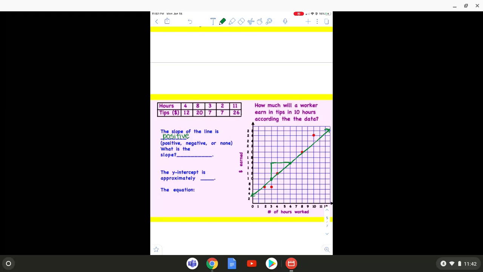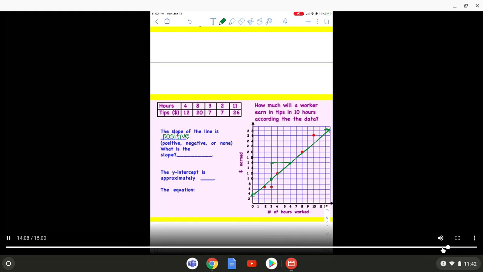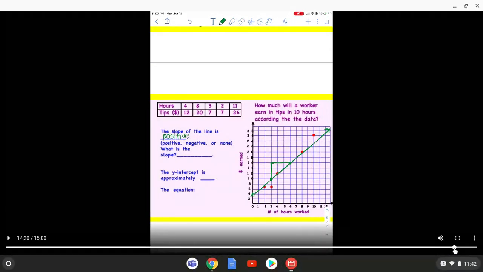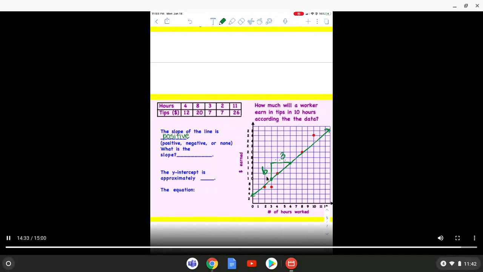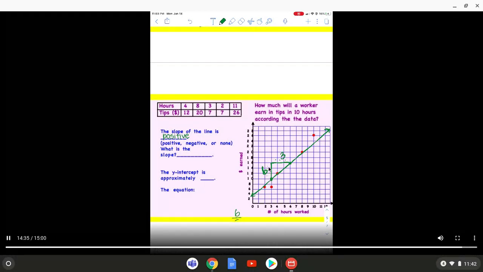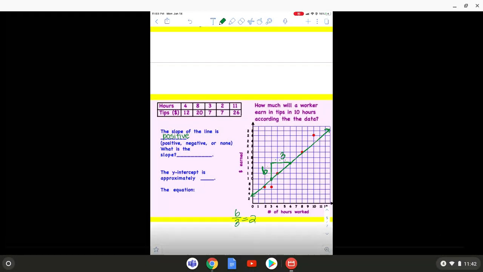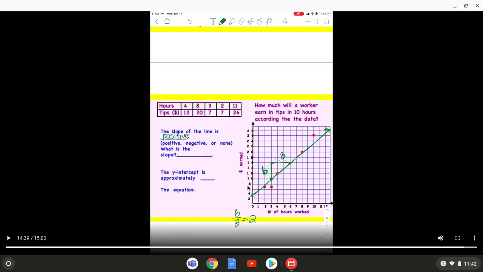So even though we're only going up 3 blocks, we have to remember each block actually represents $2 instead of $1.